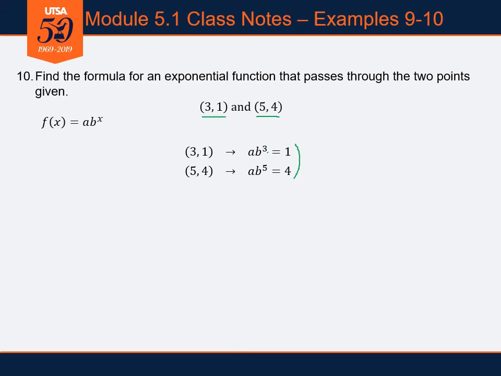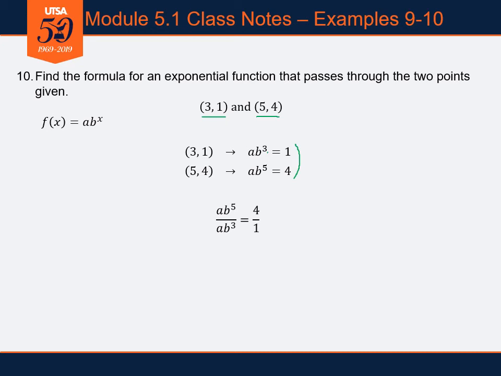I'm going to combine these 2 equations by taking one and dividing by the other. That's what I'm about to show here. So let's take a look at what that looks like. I'm taking a times b to the 5th equals 4 and dividing it by a b cubed equals 1.